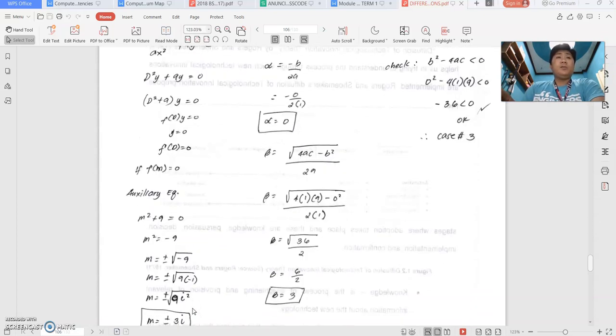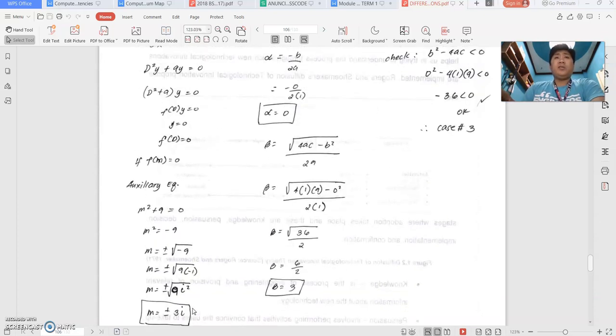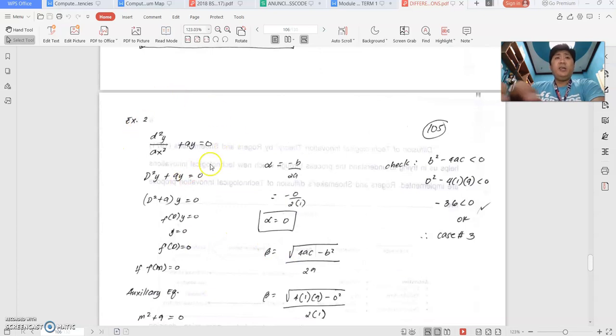So how will you get your equation? Check again if the given equation is really imaginary. Our A is 1, obviously, since it is squared and we don't have a value here. Our B is 0 since we don't have y prime or dy over dx.